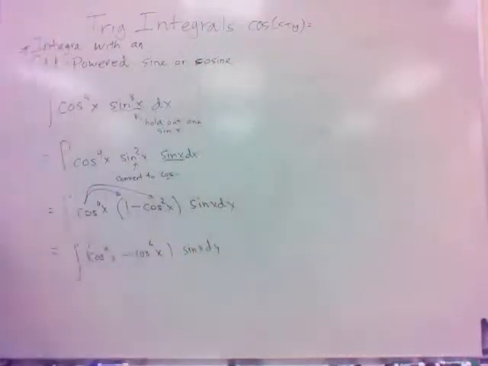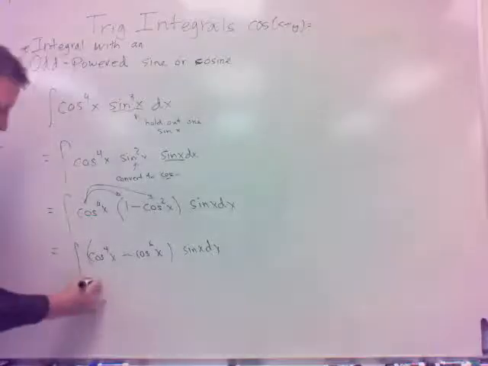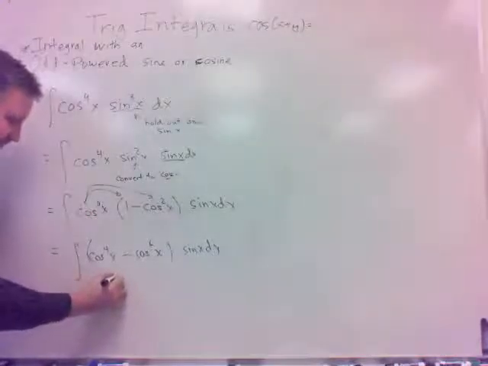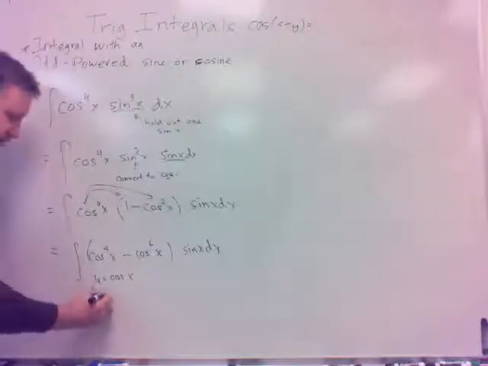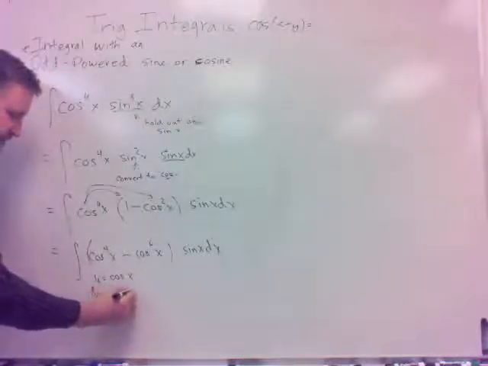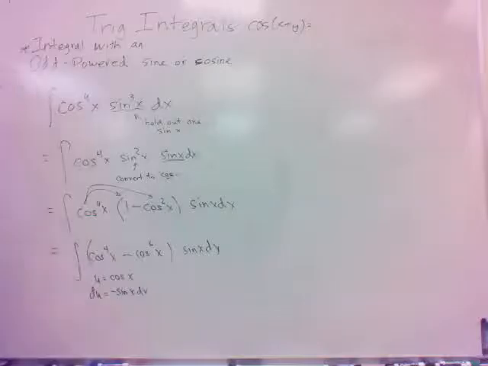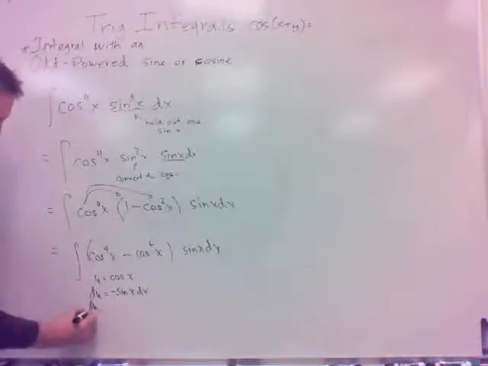Here's why I do this. Now if I use u substitution, guess what I'm going to let u be? Let u be the cosine of x. Then du is negative sine of x dx, so dx is du over minus sine of x.